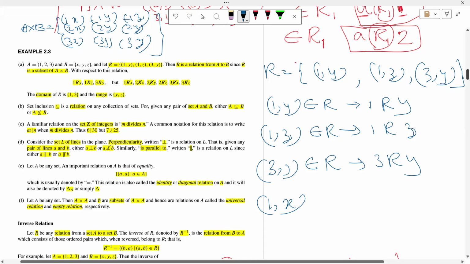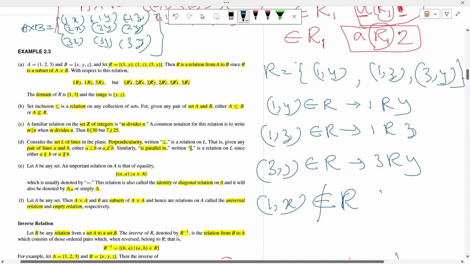So why am I telling you here that 1 comma x does not exist in the relation R? In the relation R, there is no ordered pair 1 comma x. Then I can write 1 comma x does not belong to relation R. This is one way we can write.